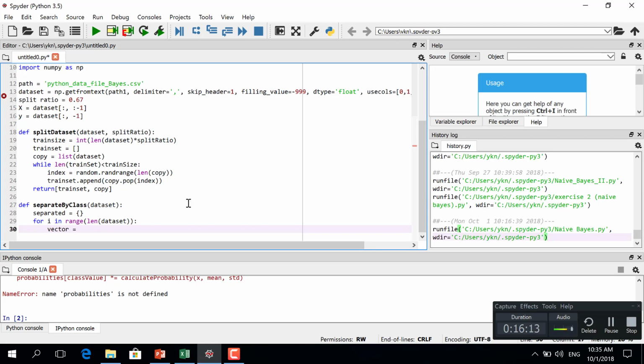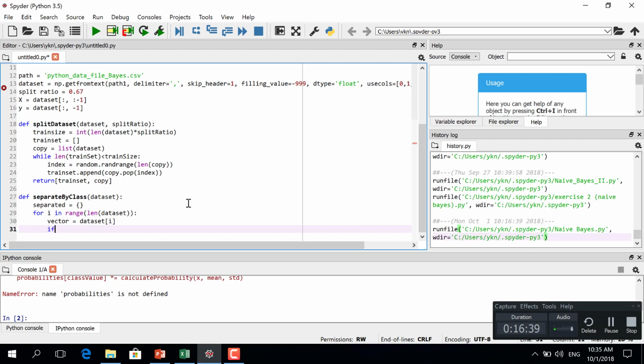Factorization means after we split into two groups, class +1 and -1, we have to differentiate those two groups into factor. Here we have the factor data set i, and then we have to make a conditional here if the factor of -1.